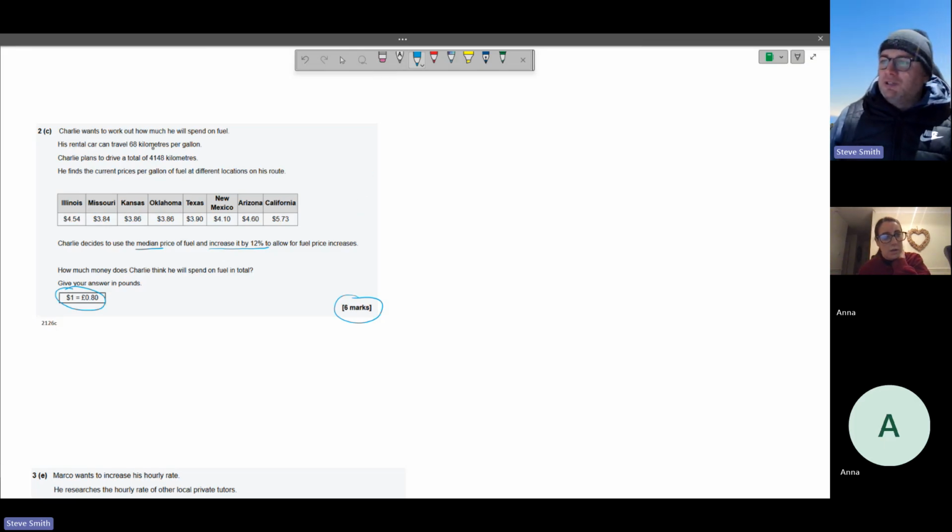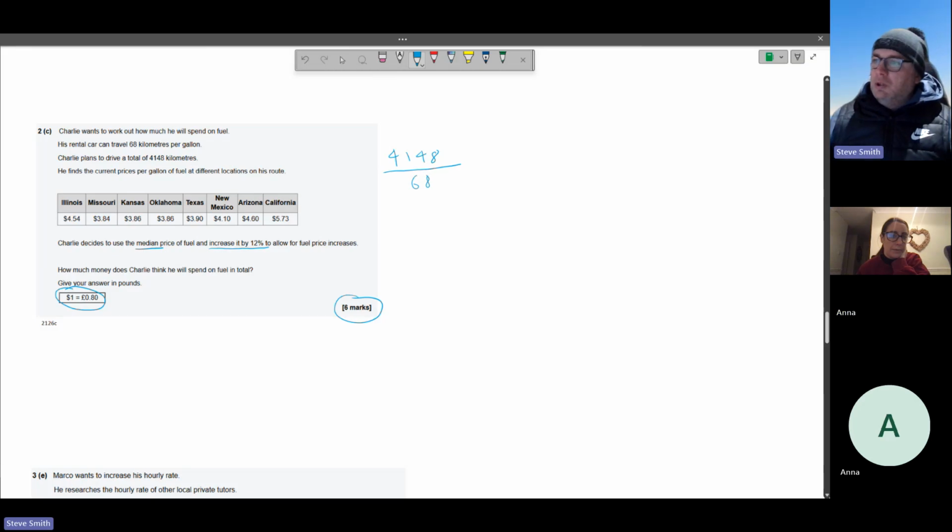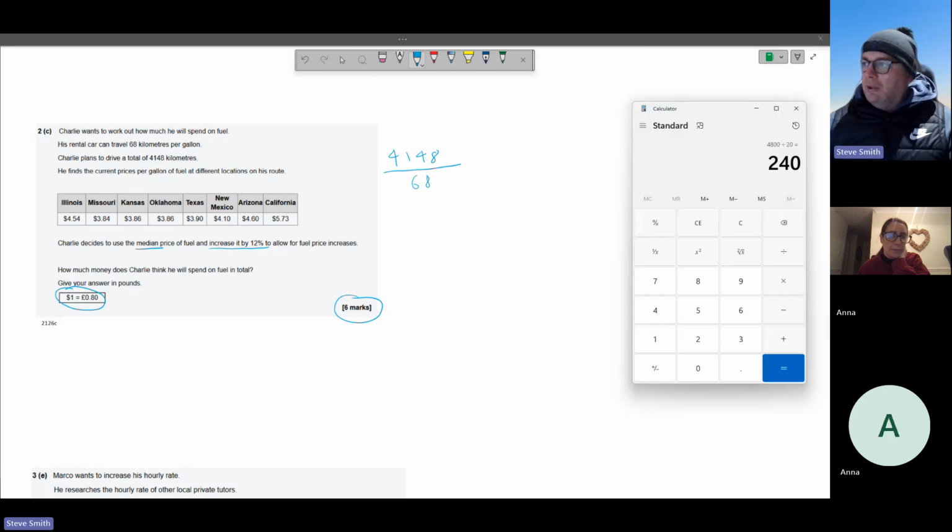His rental car can travel at 68 miles per gallon. He's going to go a total of 4,148. So the first thing we need to do is get our total and divide it by how many kilometers per gallon his car goes. So we know it goes 68 kilometers per gallon.